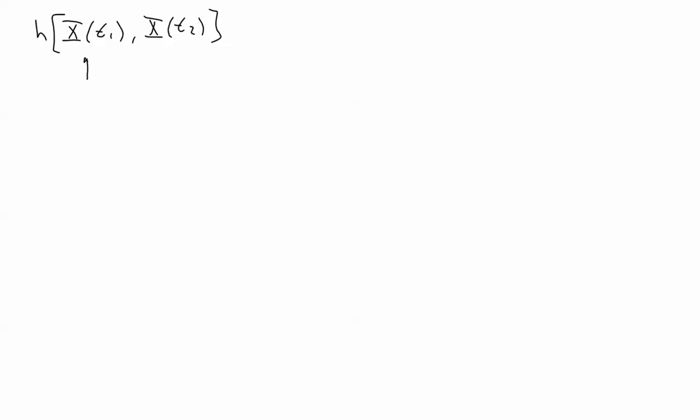So I'm going to let random process x evaluated at t1 be random variable x1, and I'm going to let random process x evaluated at t2 be random variable x sub 2. All right. So just like on the previous page, the expected value, and by the way, I should say this is a function of random process x of t at 2 instances in time.